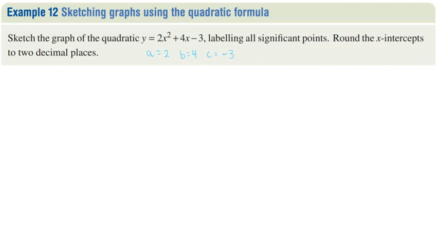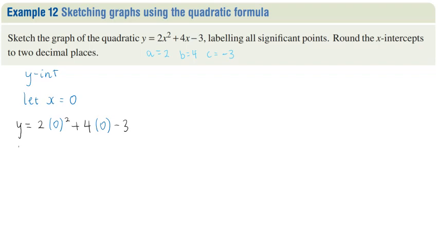Let's find our y-intercept next. So to find the y-intercept, I let x equals 0. So in our equation, we've got y equals 2, and we're subbing in x as 0 squared, plus 4x, which is 0, minus 3.